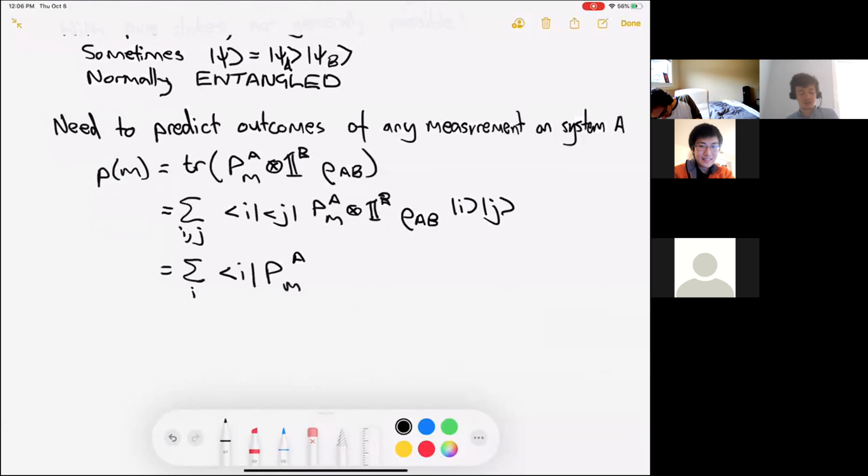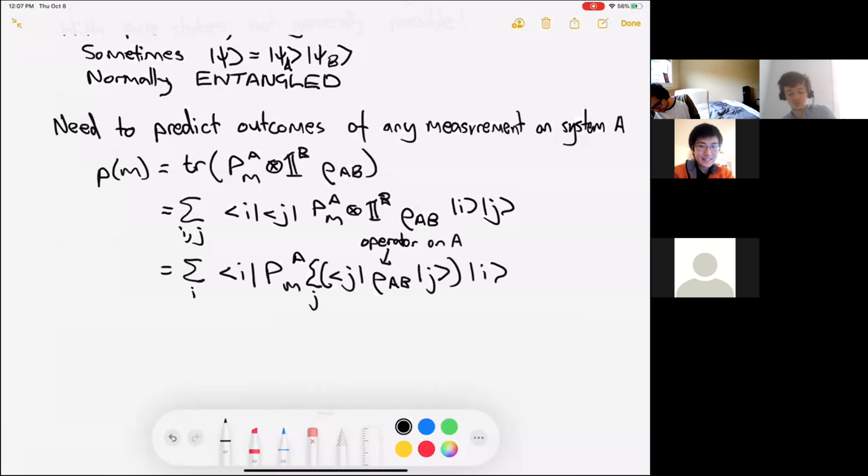Have a projector acting on i. Then we have what I'm going to call <j| rho_AB |j>, which is just an operator on A, where we've picked out the jj matrix element. Have a sum over j here. And finally, we have an i again at the end.